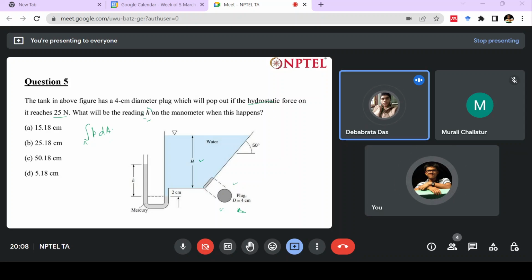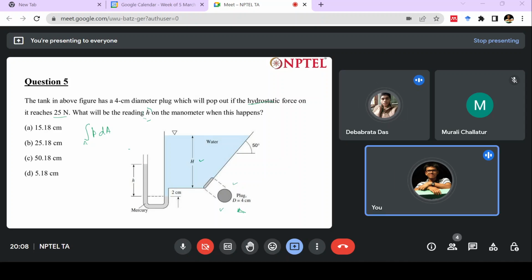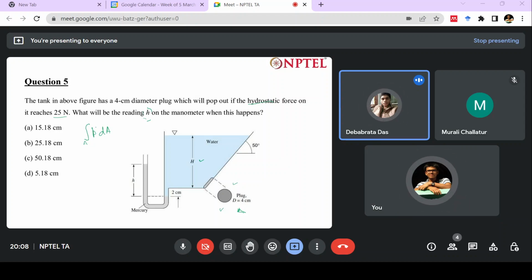It wouldn't be an impossible task, but there is probably an easier method if you just use the centroid rule: whatever the force acting at the centroid, you take the pressure there as well.